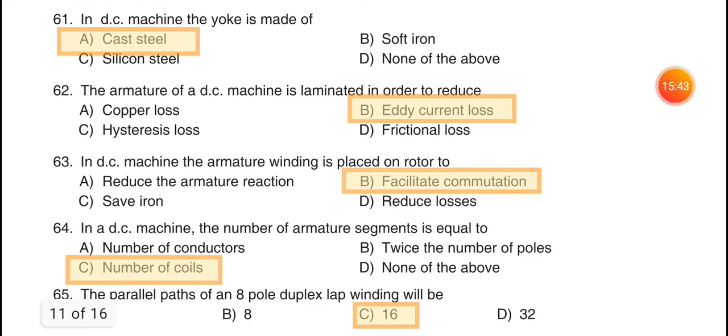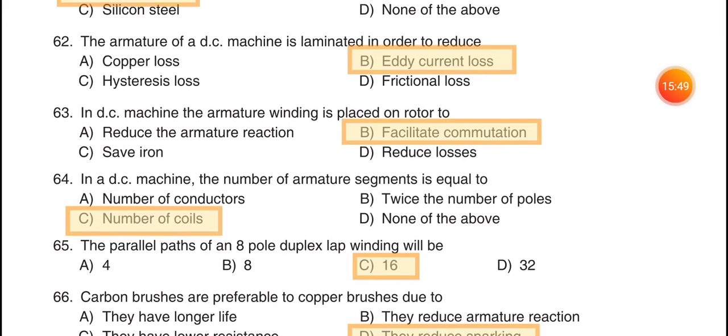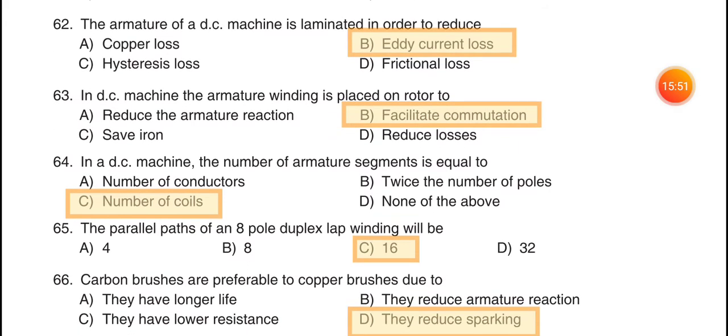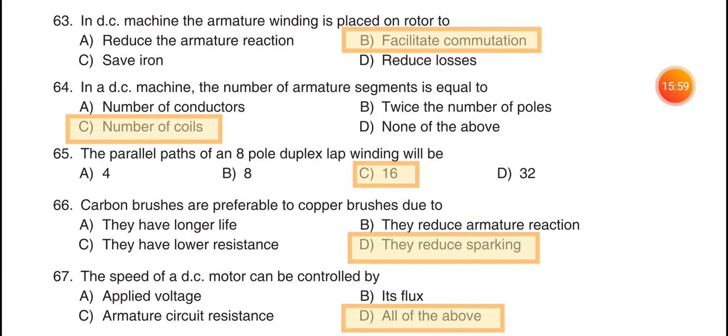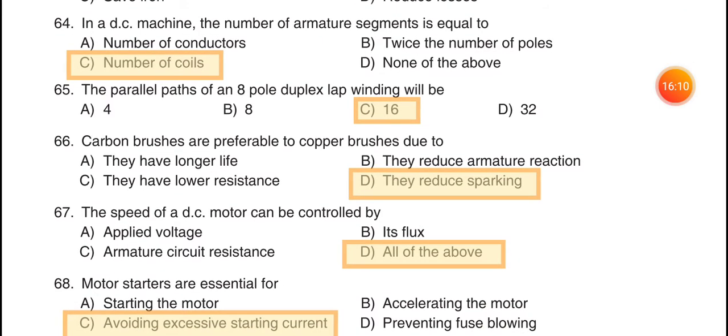61. In DC machine the yoke is made up of option A, cast steel. 62. The armature of the DC machine is laminated in order to reduce option B, eddy current loss. 63. In DC machine the armature winding is placed on rotor to option B, facilitate commutation. 64.